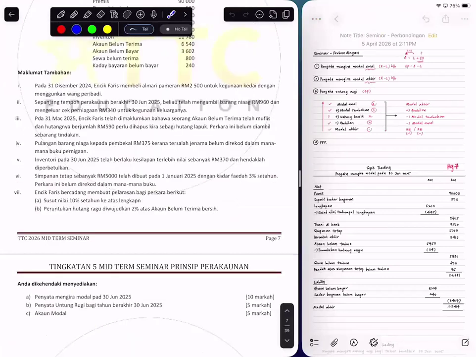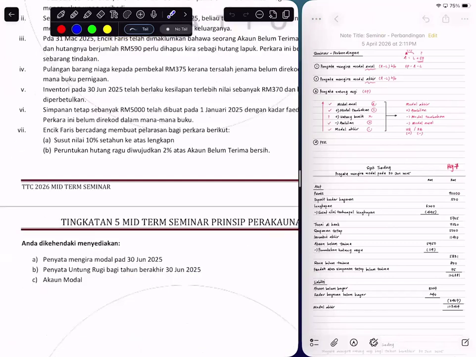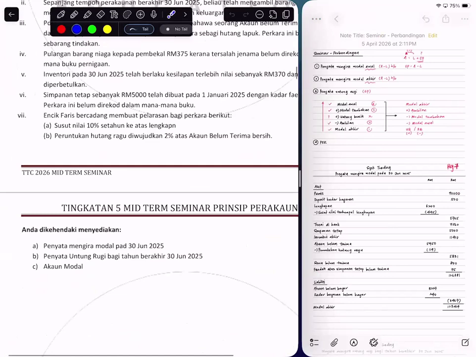Okay, and as usual, whenever you have any question, check your question requirement first to see what we are going to find later, easier for us to identify the information. Okay, part A, we need to prepare penyata mengira modal on the last day. It is modal here, right? But if there is no modal awal, you also cannot get your untung besar at all.